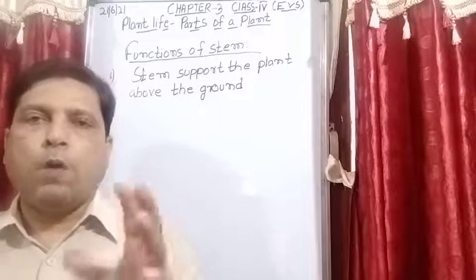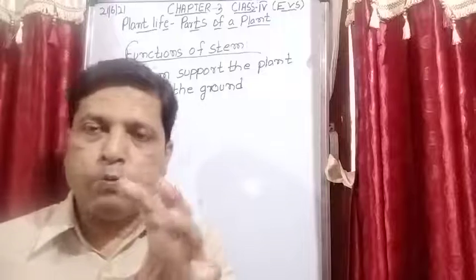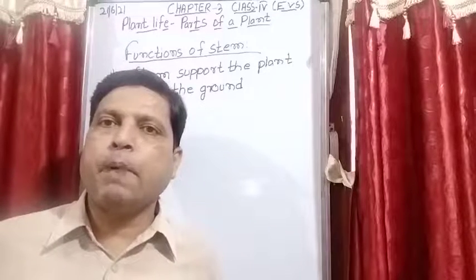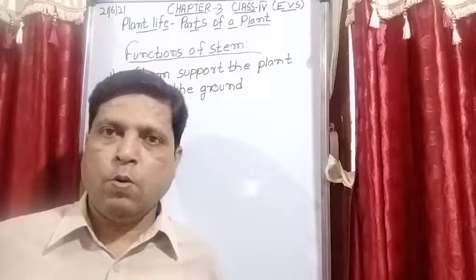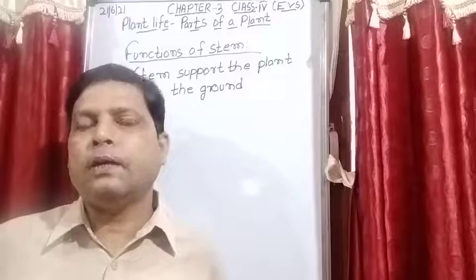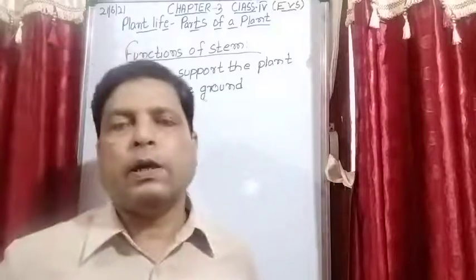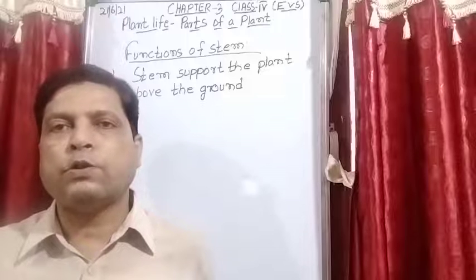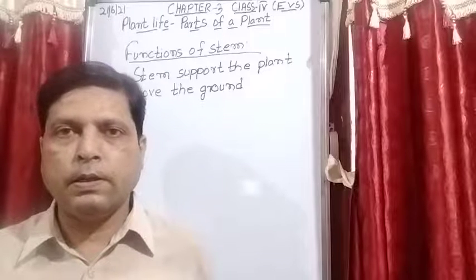Second, the water and minerals are absorbed by the roots, and then water and minerals are passed to the stem. Okay, so the second function of the stem is that the stem carries water and minerals absorbed by the root to all parts of the plant. Is it clear?